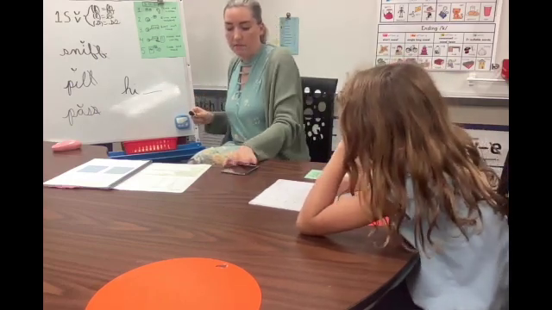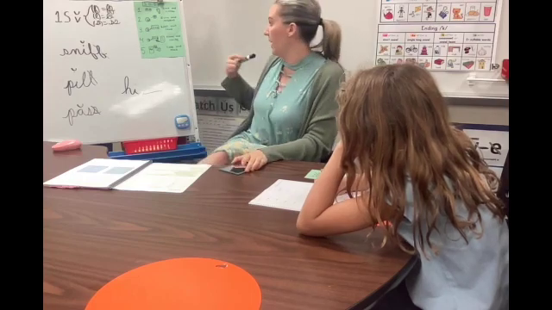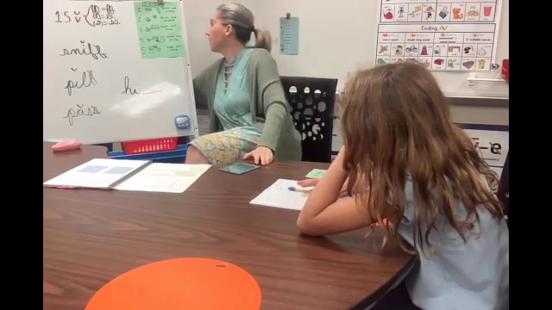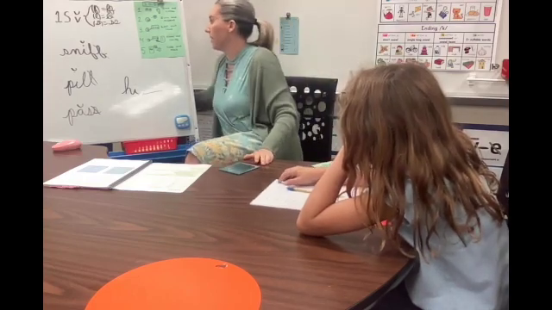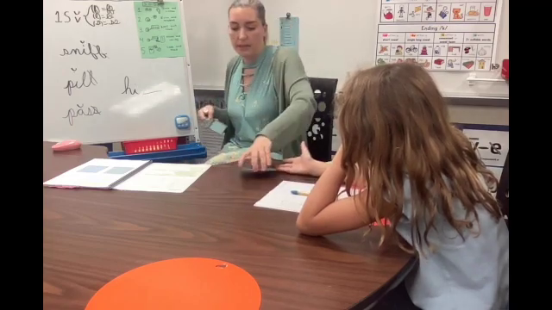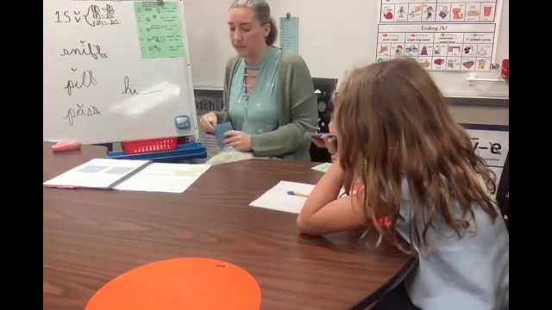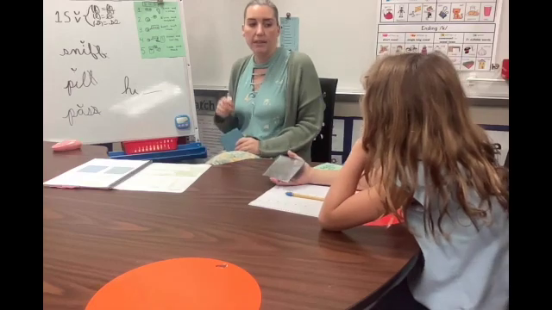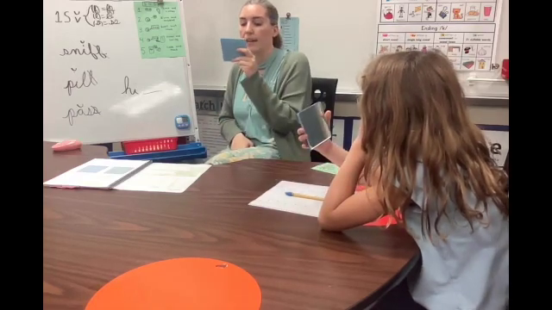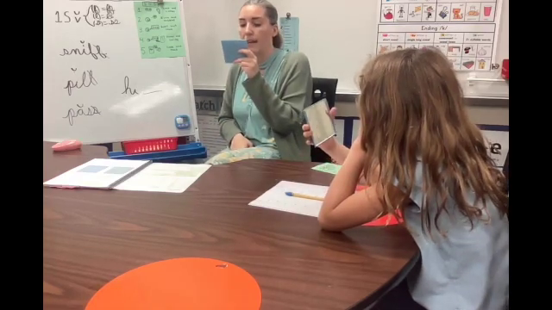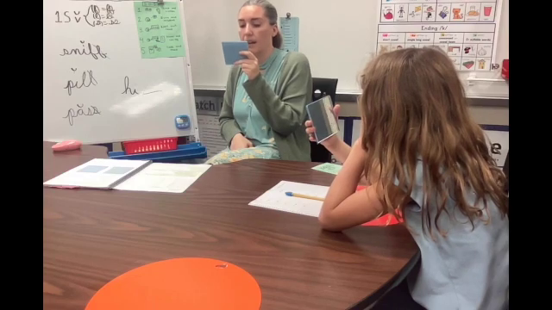So let's try our first word. I'm going to be saying our word, and you're going to look and listen, echo and unblend in our mirror. Let's do this first one together. Ready? Hill. Hill. H-I-L. H-I-L-L.